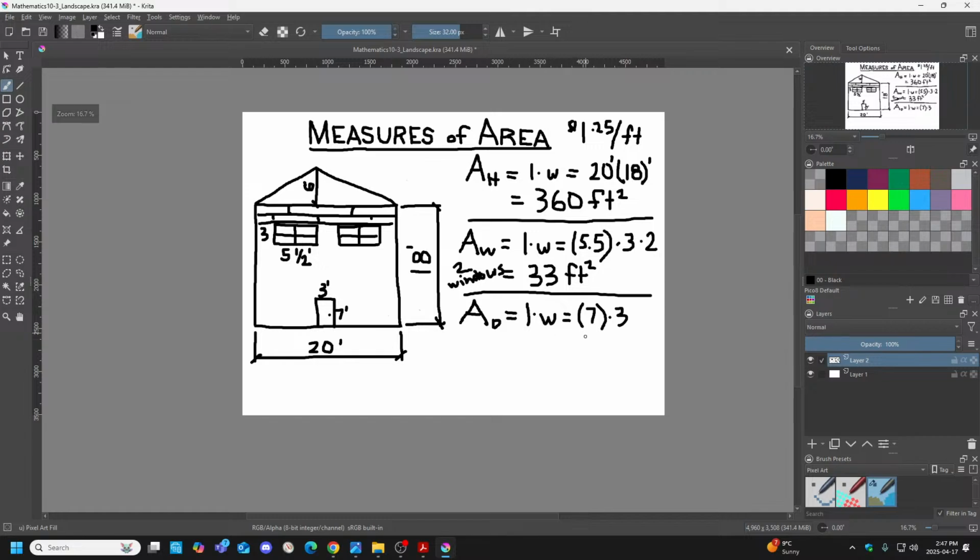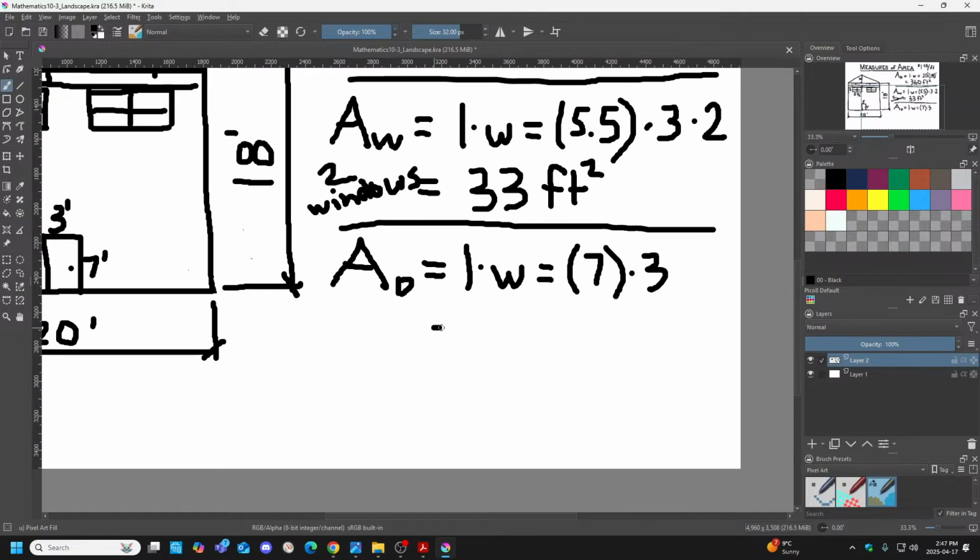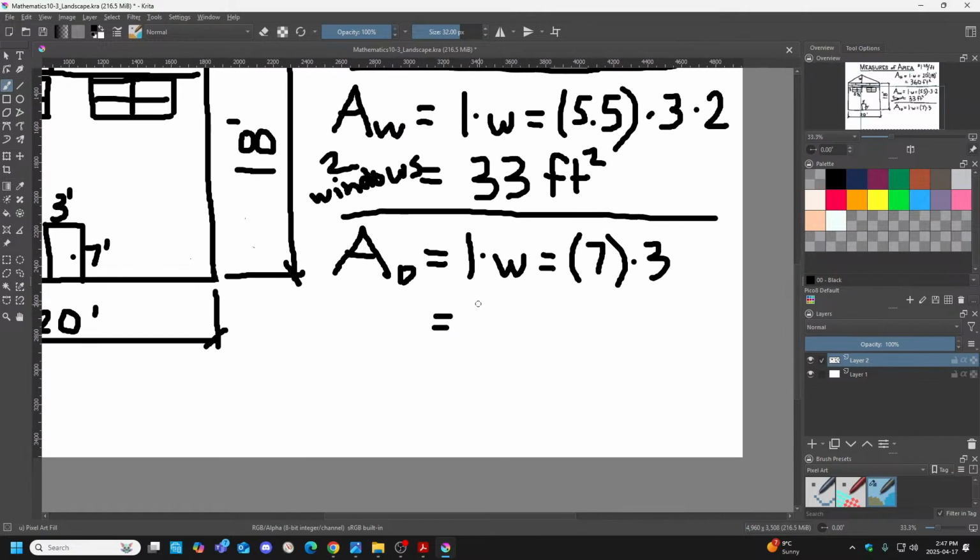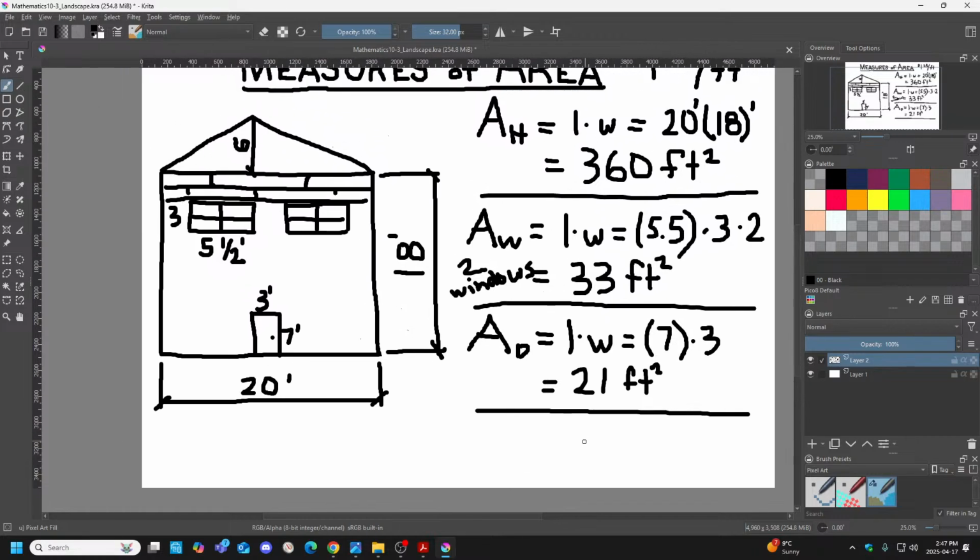Kind of writing it backwards, but it's all the same. 7 times 3 is 21 feet squared. So we have all our areas.